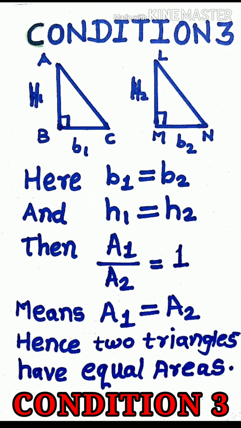So condition 3. Again you observe two triangles having the same heights and the same bases. h1 is equal to h2, b1 is equal to b2. Means for these two triangles heights are equal, bases are equal. So A1 upon A2 is equal to 1.